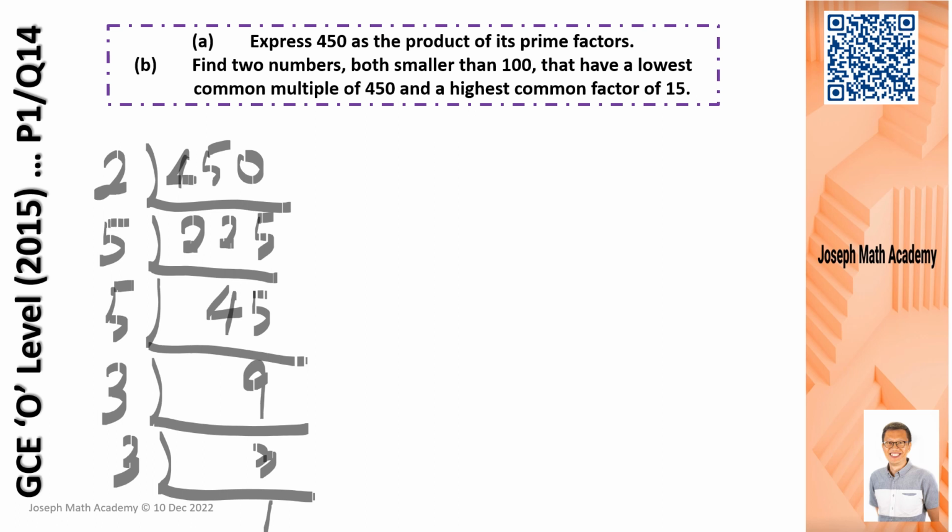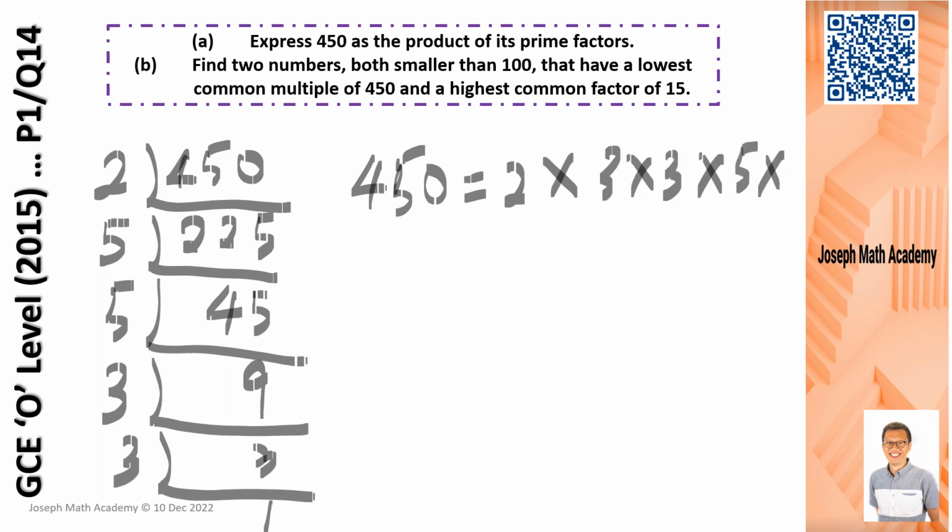So what is the 450, the product of factors? We have to write down now in increasing order. We start from the small number. So 2 appears 1 time, 3 appears twice, and 5 appears twice.